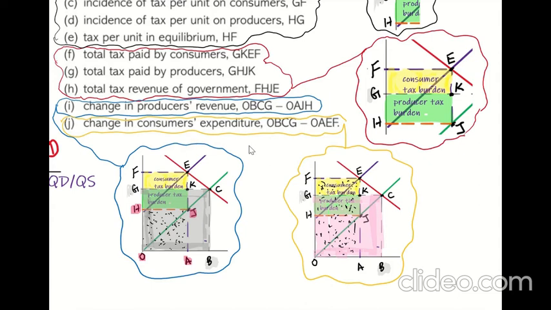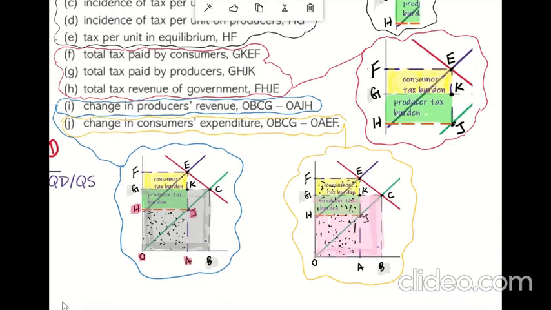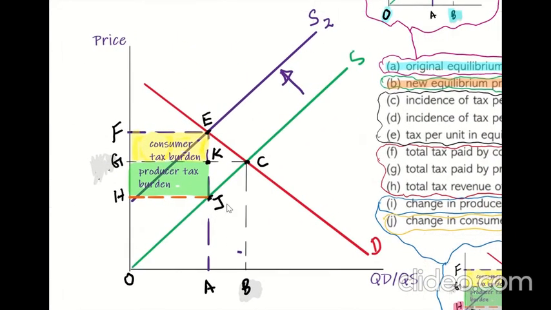The original consumer expenditure was 0, B, C, G, and now the consumer's expenditure is 0, A, E, F. Hope you had a clear idea of how the tax burden has an impact on the consumers, producers, and the entire government. So the government revenue would be F, E, J, H, a combination of the consumer tax burden and the producer tax burden.